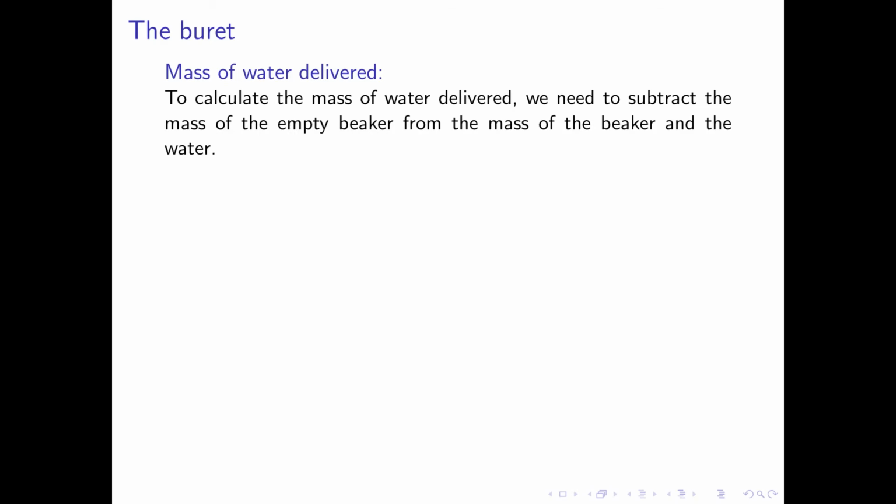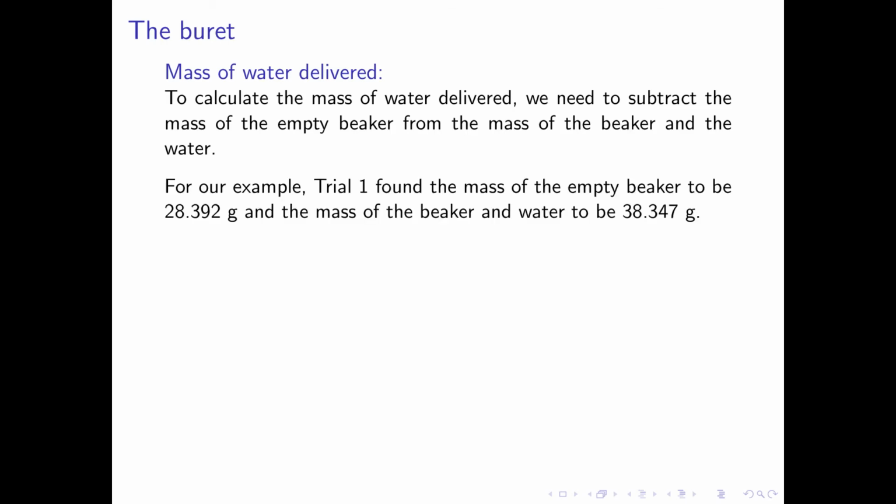As with the previous examples, to calculate the mass of the water delivered, we need to subtract the mass of the empty beaker from the mass of the beaker and the water. For my data, Trial 1 was found to have a mass of the empty beaker to be 28.392 grams, and the mass of the beaker with the water delivered to be 38.347 grams.